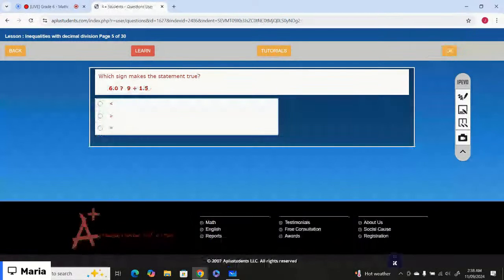Okay, the next one is 6.09 divided by 1.5. So which is the correct option?